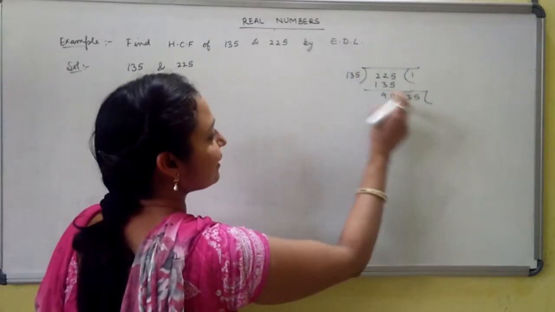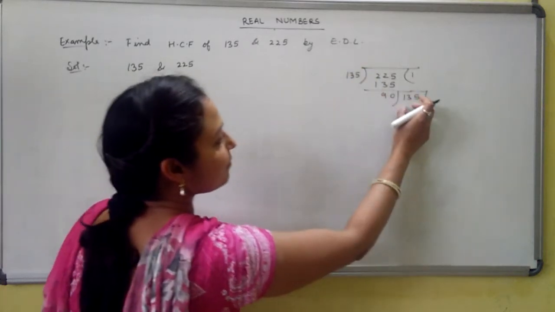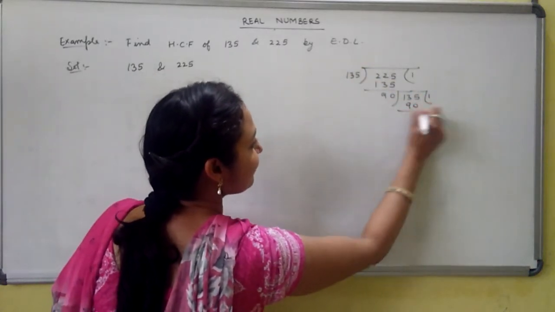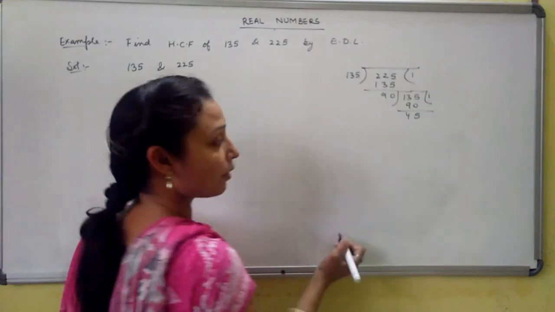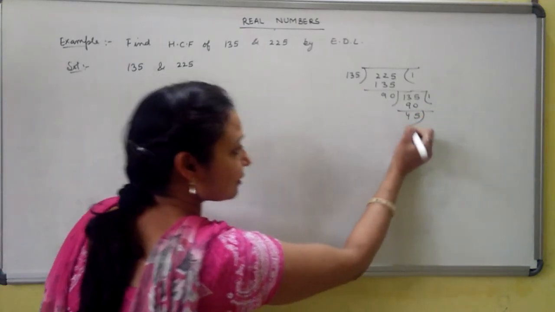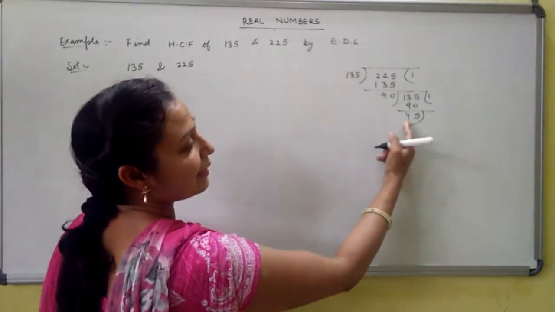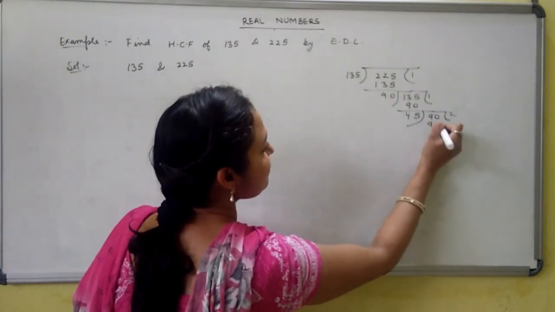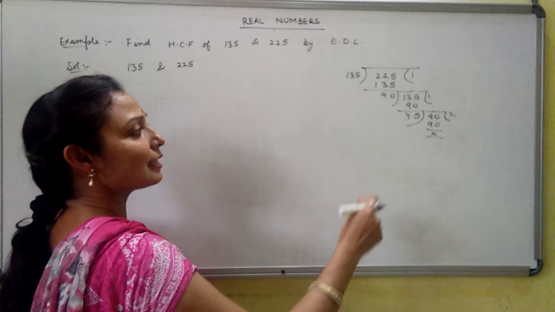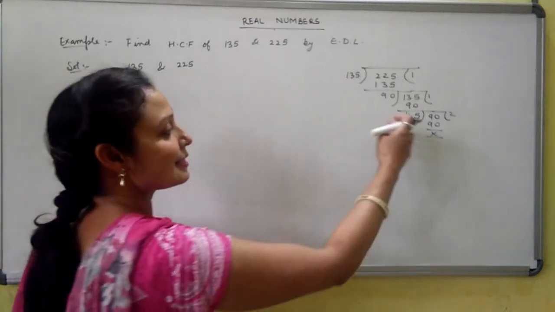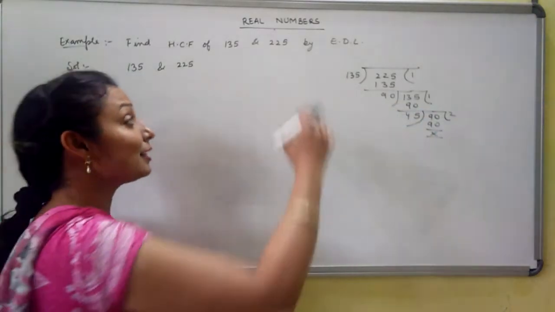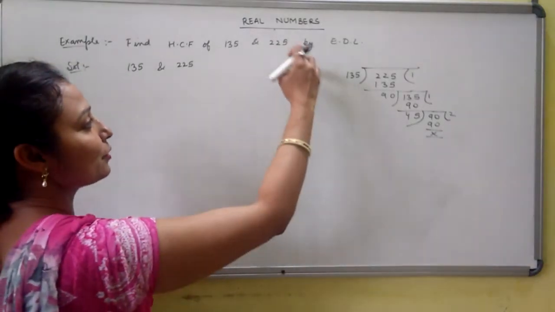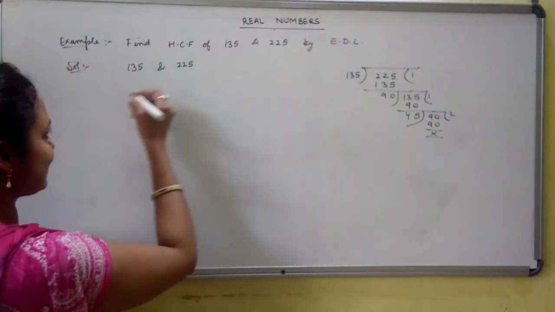Again I will divide 135 by 90. Then I have 45. Now this comes outside and behaves like a divisor, and the dividend becomes 90. In small classes our teacher told us this is the HCF, but in Euclid's division lemma we can write it in the Euclid's division lemma form.